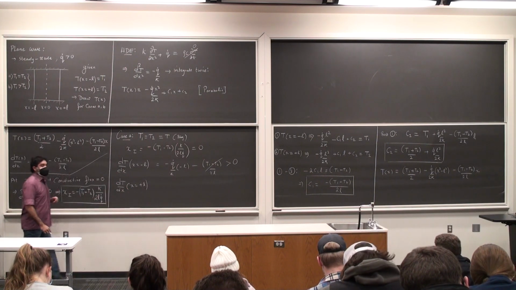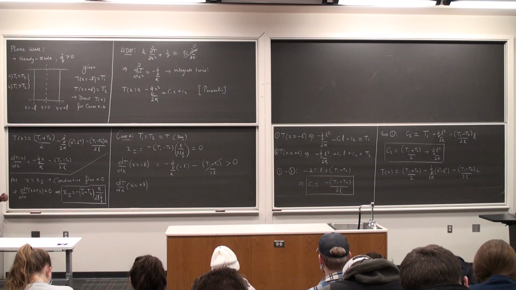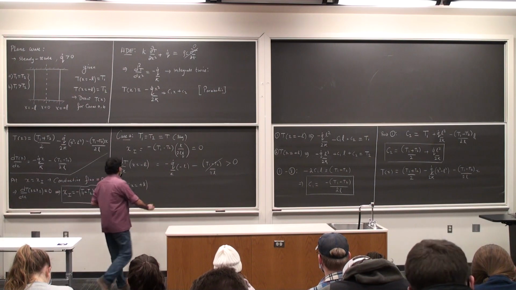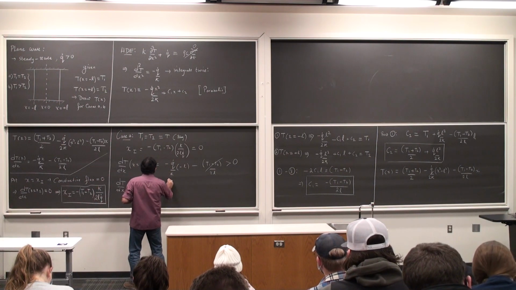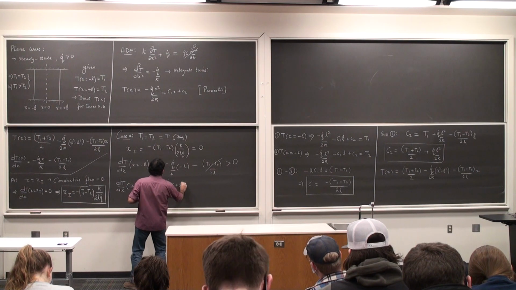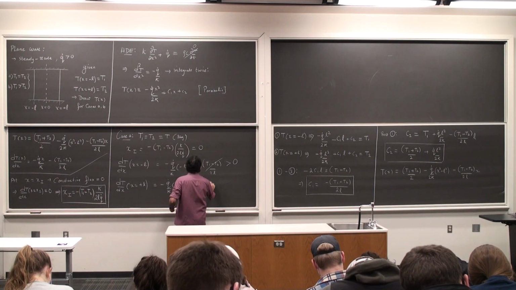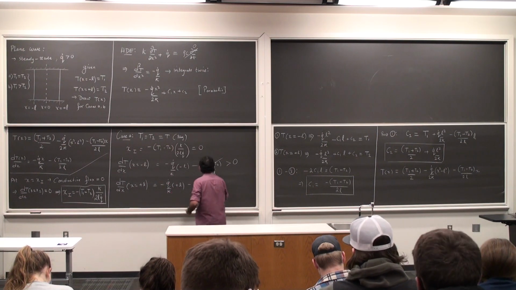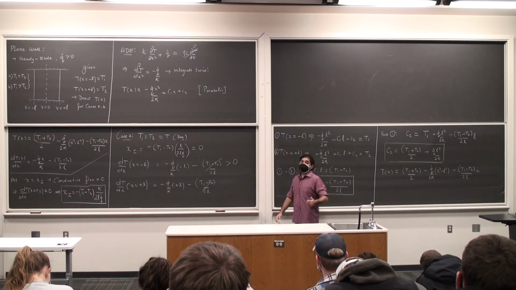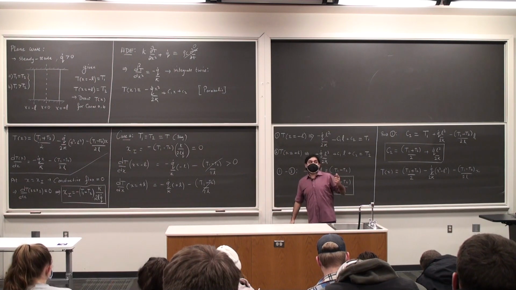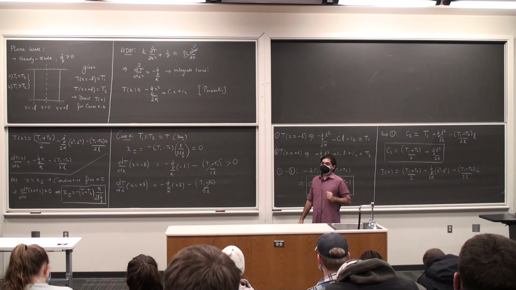And x equal to plus L, exactly similar scenario, but the antithesis of this, that's just minus Q dot by K times plus L. That guy is 0. This is now going to be negative because we have assumed positive heat generation.